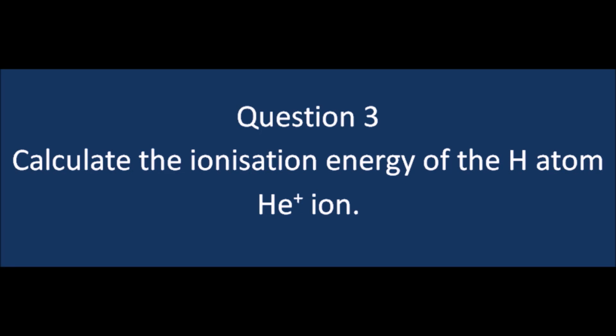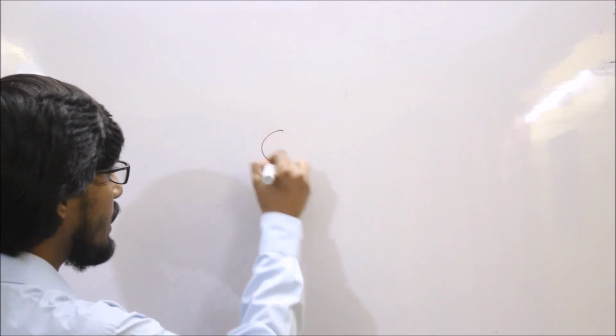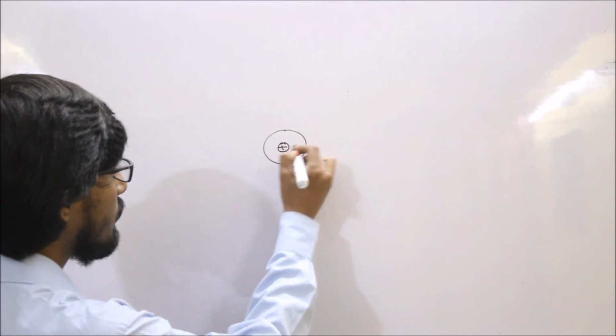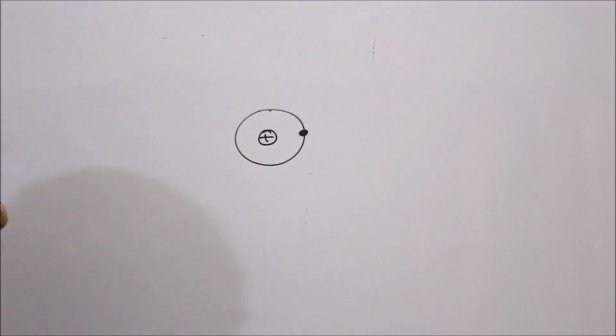Now our third question is: calculate the ionization energy of hydrogen atom and He+. The ionization energy is basically the energy required to remove one electron from its valence shell. In the case of hydrogen atom, the electron is present in the first shell.